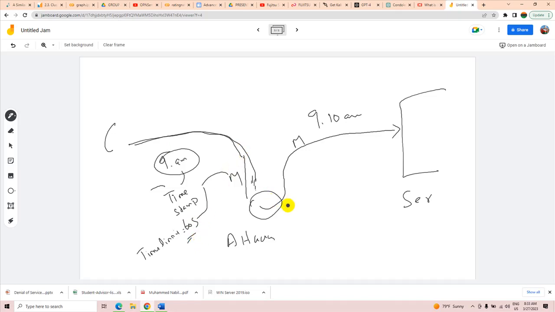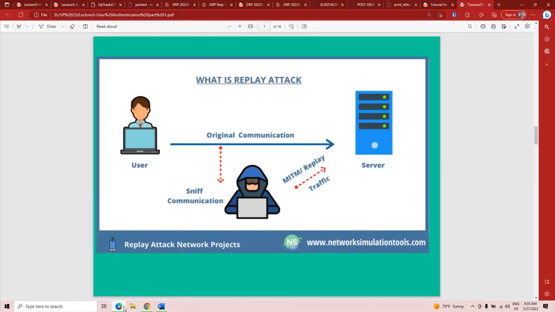So somebody is using this message even after the time limit has expired. So using the timestamp is a very useful mechanism against the replay attack.